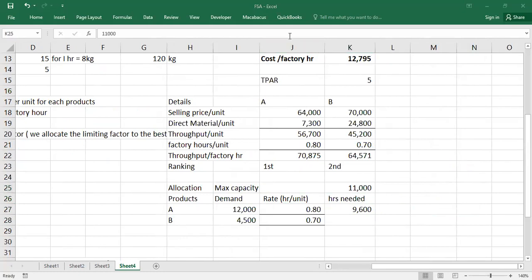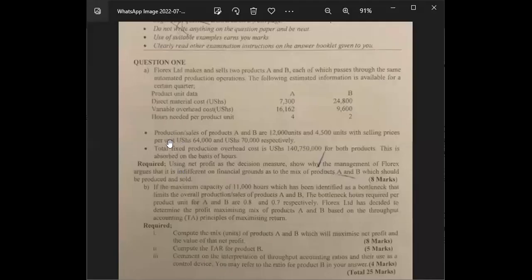Let me show you that. Here, they say that if the maximum capacity of 11,000 hours, which has been identified as the bottleneck that limits the overall production, A and B. Okay, so they have just told you that this is the maximum you have.